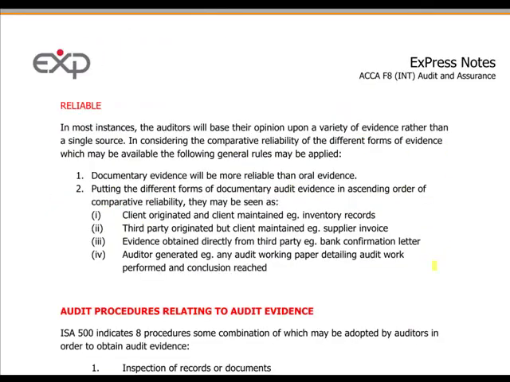We'll discuss assertions a little bit later. In terms of reliability, that's a little bit more difficult to discuss because reliability of audit evidence depends on lots of considerations. For example, documentary evidence, so something that's in a document, is more reliable than oral evidence.